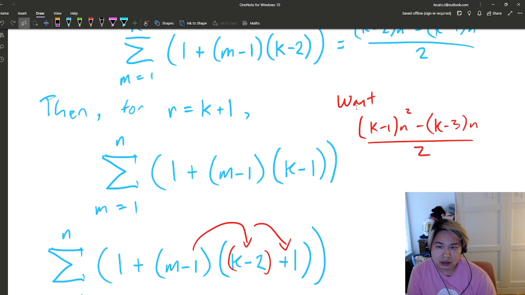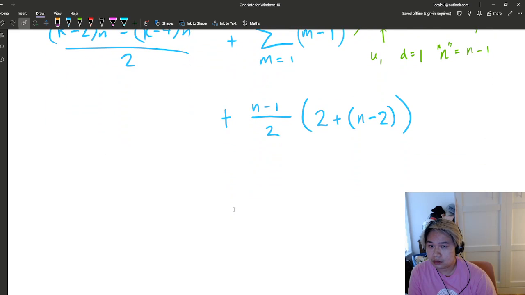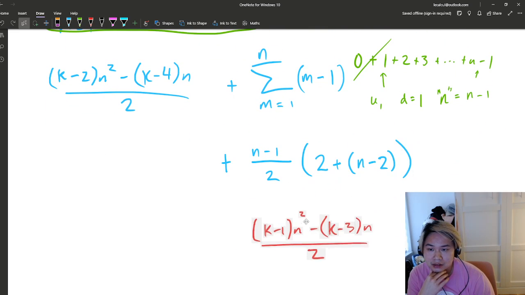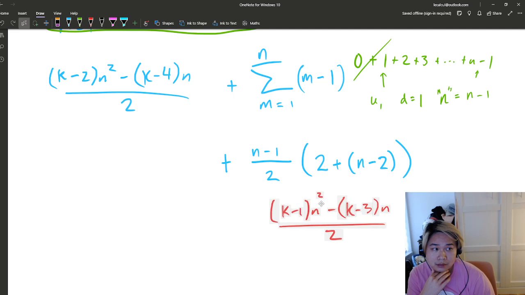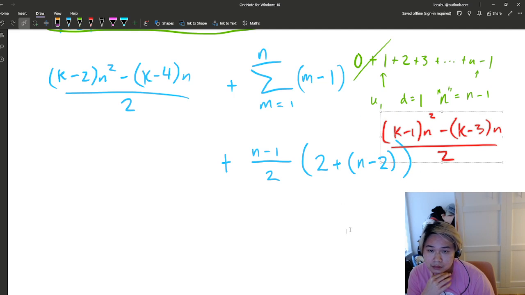And then again, just let me remind myself what I want. If I combine these two terms together, I think I will get what I want, after some manipulation, of course.